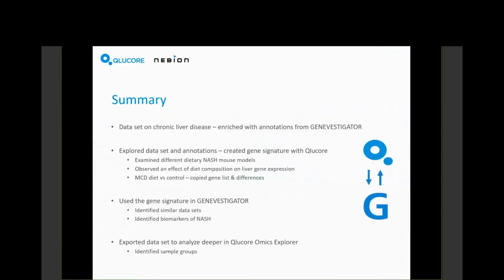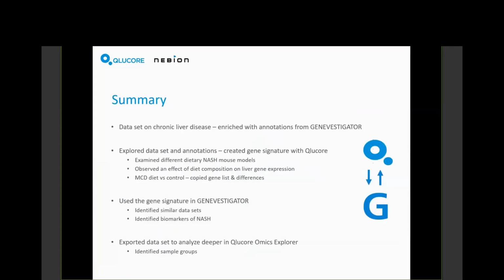Okay, so to summarize, in this webinar, we have explored 2 datasets on chronic liver disease, starting with the data that has been enriched with annotations from Genevestigator. We explored the dataset and the annotations in Qlucore's Omics Explorer, where Anne examined 2 different dietary NASH mouse models and used the differences between the control-fed mice and those treated with the MCD diet to create a gene signature.